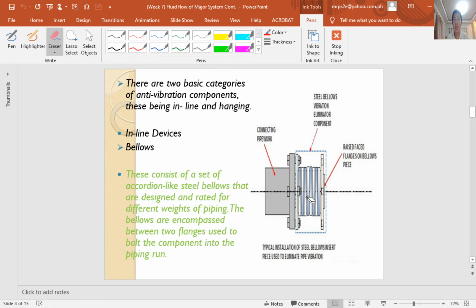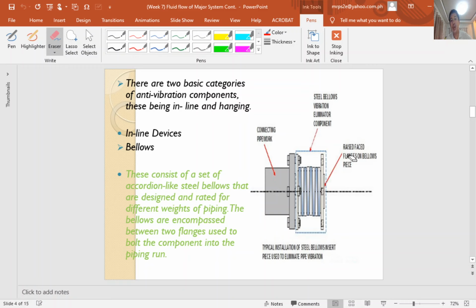For example, in the exhaust of the engine, this is called an expansion joint, but here this is called bellows. This is the typical installation of a steel bellows insert used to eliminate pipe vibration.